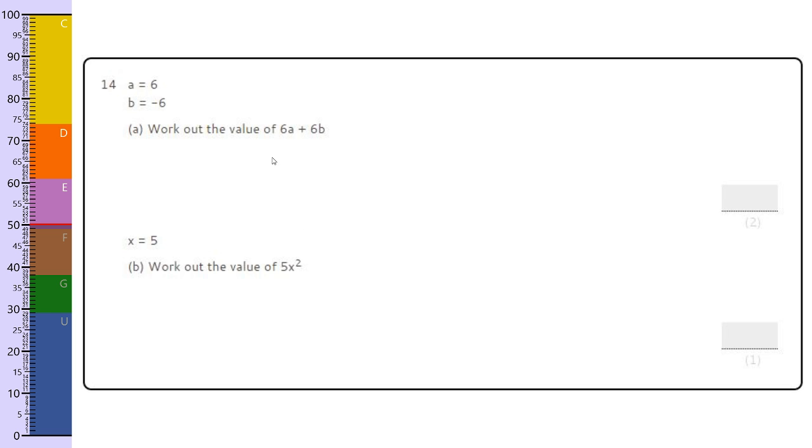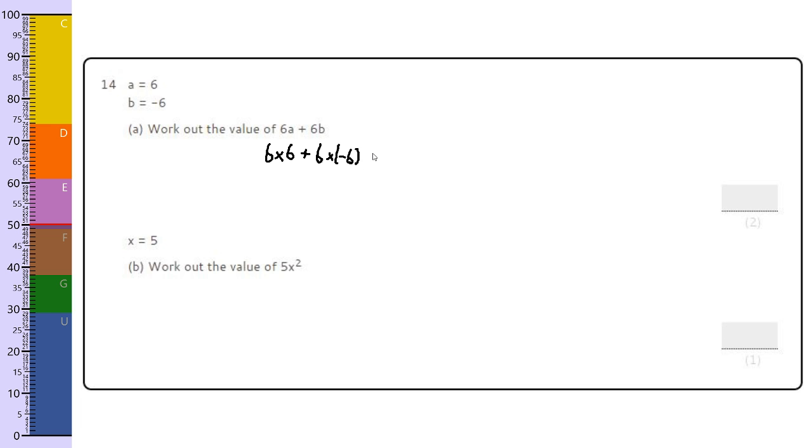Okay, so simple substitution. Now, because we've got a calculator, there's quite an easy way of doing this. I'm going to write this out, but instead of A, I'm going to put in what A is, 6, plus 6 times, instead of B, I'm going to put brackets minus 6.